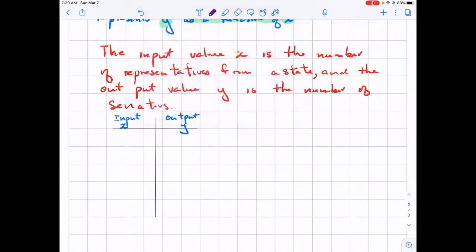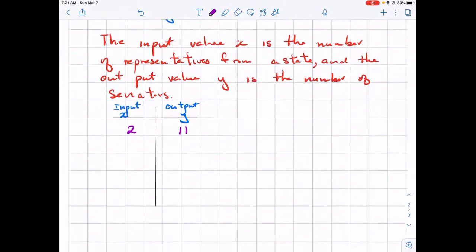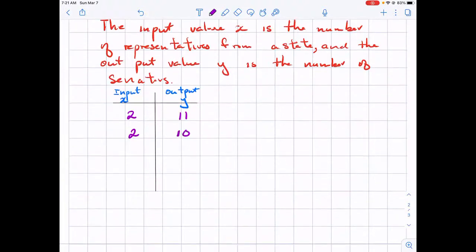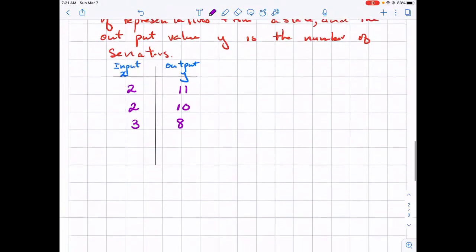We can say that we have 2, and the y value is 11. And we have 2 again, and the y value is 10. And we have 3, 8, 4, 5, and then 5, 1.